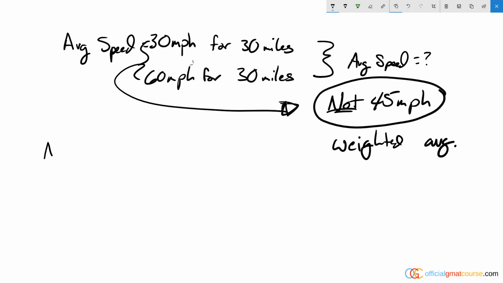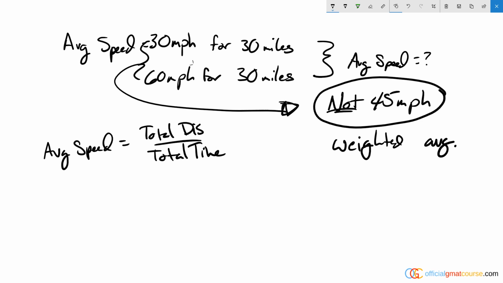What we want to solve is average speed equals total distance over total time. And the total distance here we know is equal to 60 miles. And what was the total time?